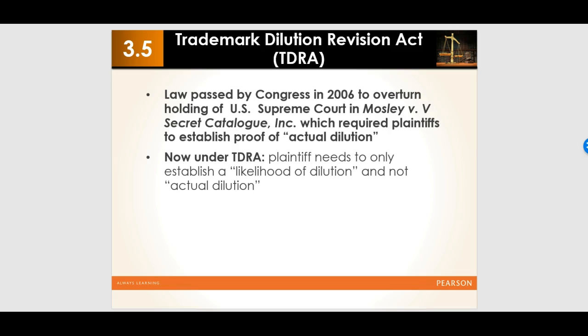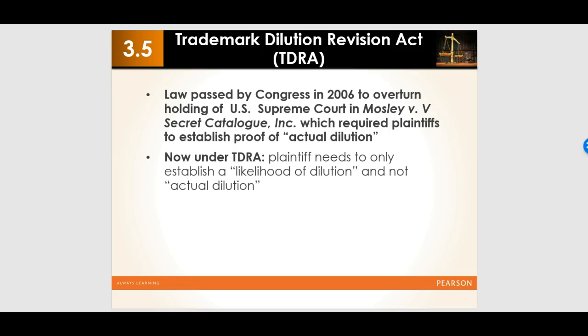And before this act in the US, there was this case, mostly versus Victoria's Secret Catalog Inc. And the Supreme Court of the US decided that the plaintiff would need to establish an actual dilution proof.